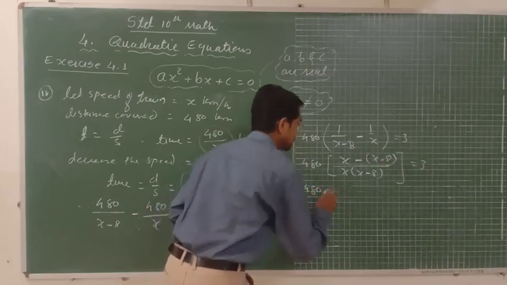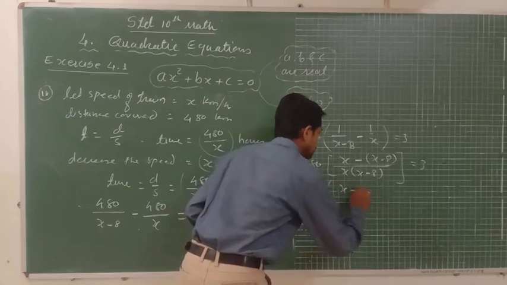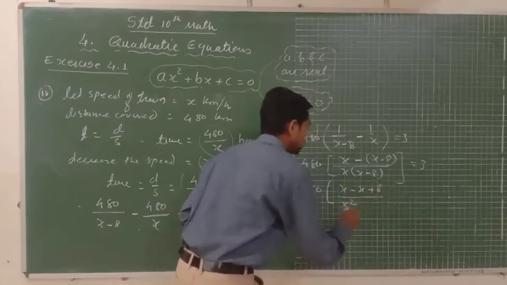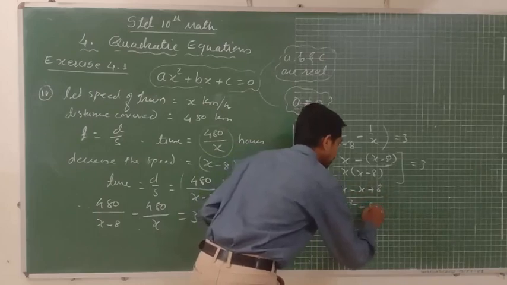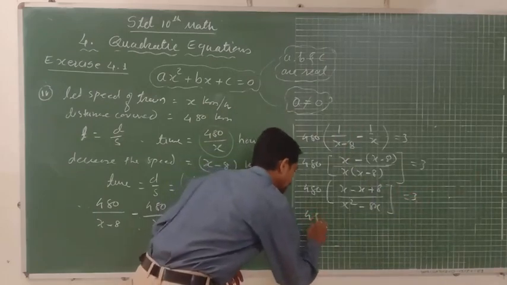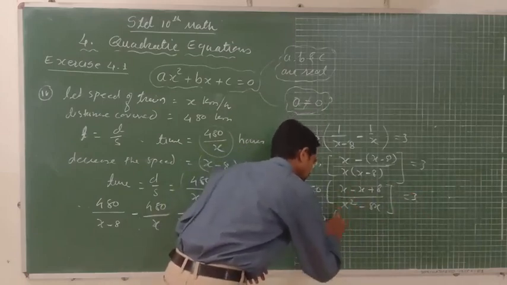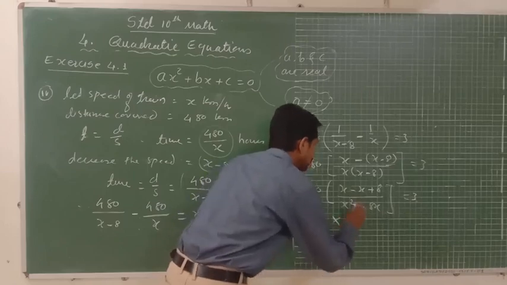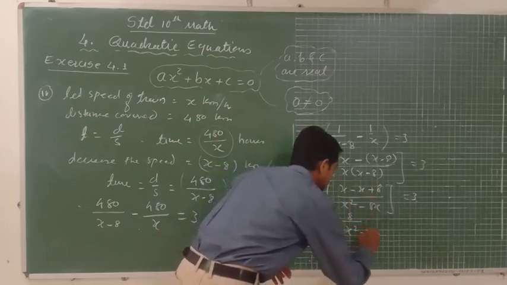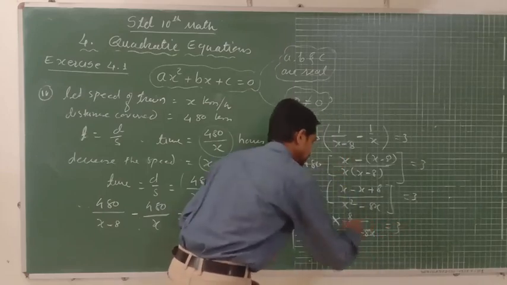So 480 times x minus x plus 8 gives 8 over x square minus 8x, which is equal to 3.